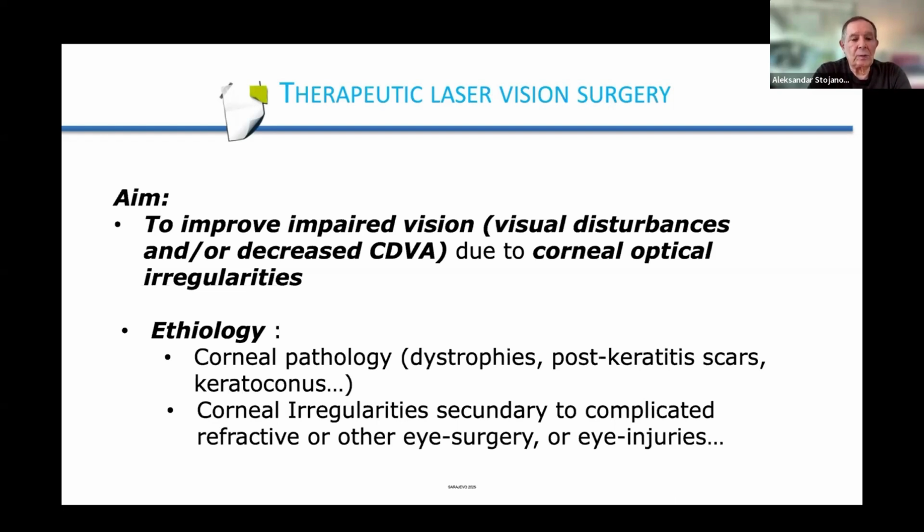So the etiology we want to address is corneal pathology: dystrophies, post-keratitis scars, keratoconus, and also iatrogenic conditions like corneal irregularities secondary to complicated refractive or other eye surgery or eye injuries.